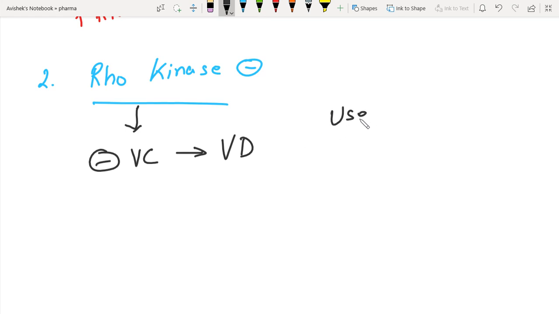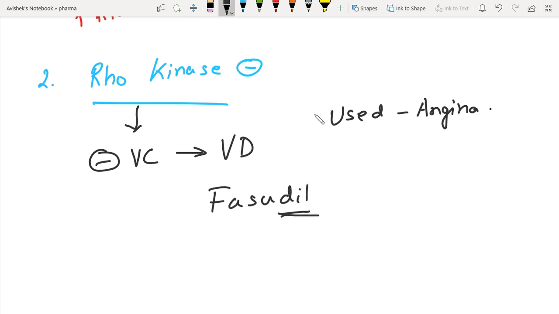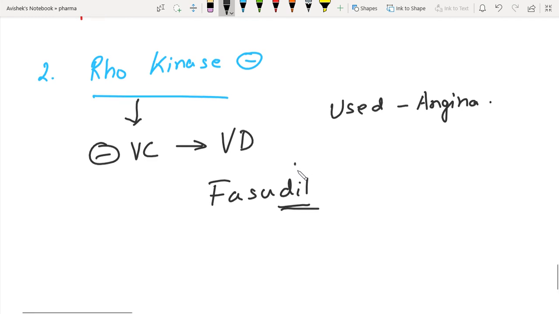So it is used in angina. Drug name is fasudil. Again dil. Dil means used in angina.